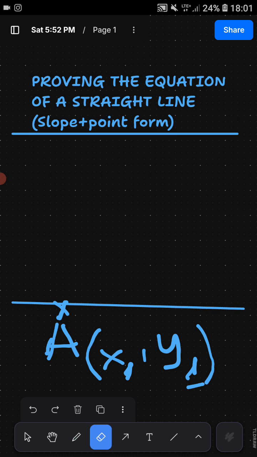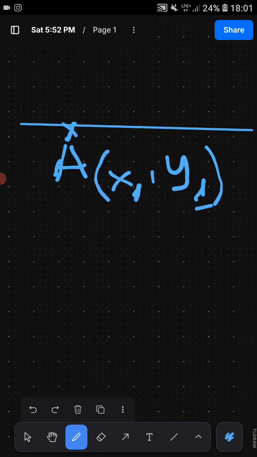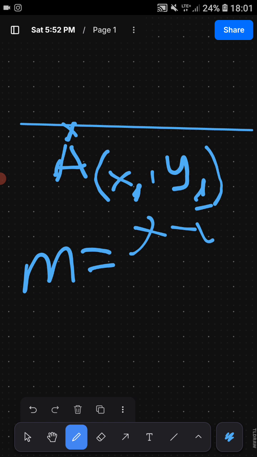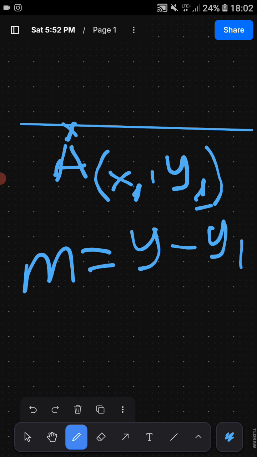We are going to be using the gradient formula: m is equal to y minus y1 on x minus x1.